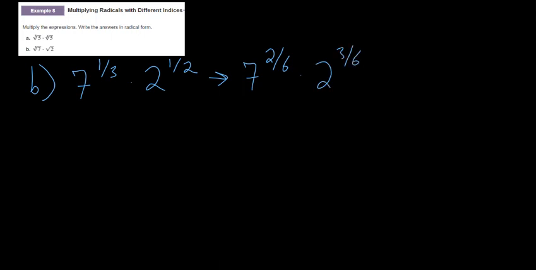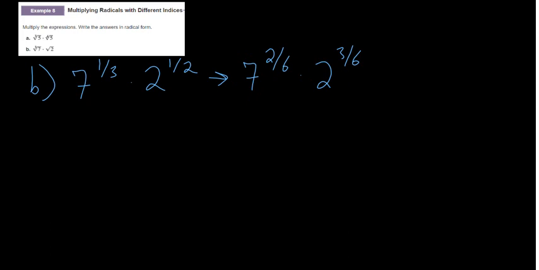Well, now we can't combine these two because they don't have like bases. We have a 7 and a 2. But instead what we can do is look at the denominator of my exponents, and I can say, well, this isn't terrible.